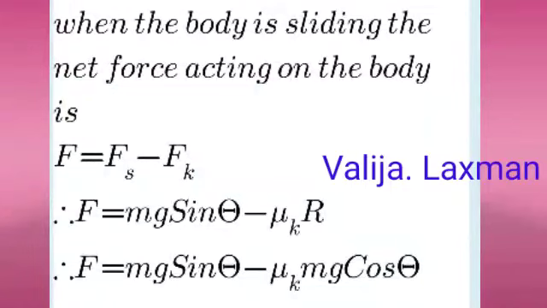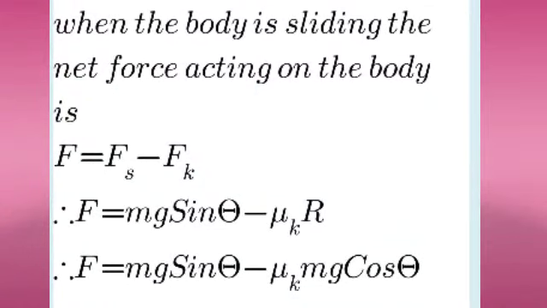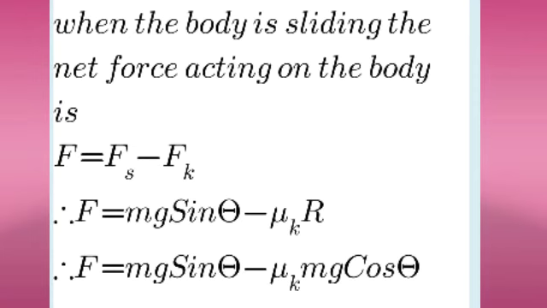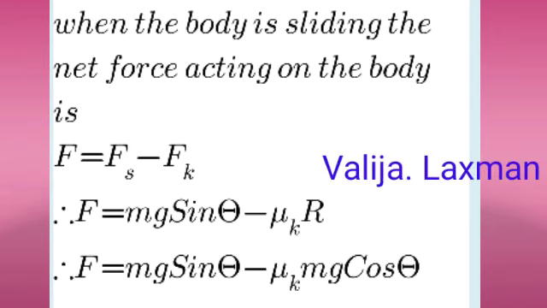Now we have to calculate the net force acting on the body. The net force F is equal to Fs minus Fk, that is, static frictional force minus kinetic frictional force.